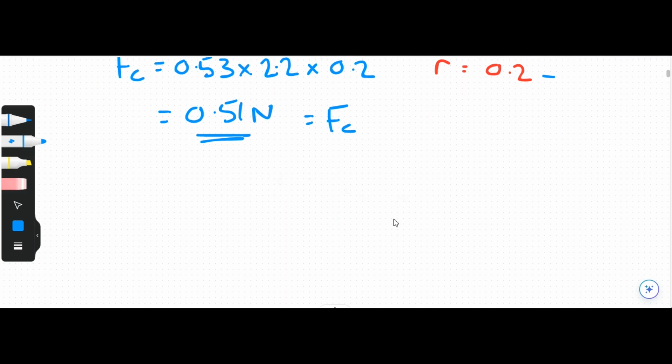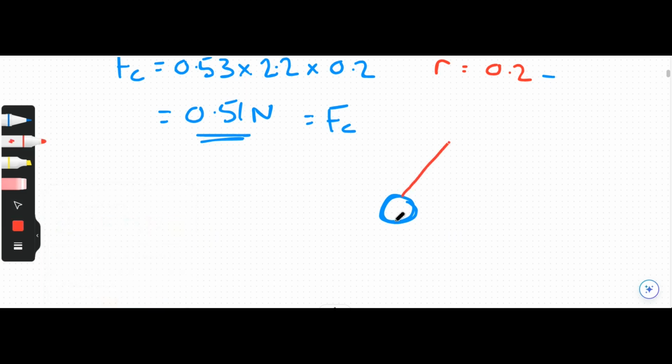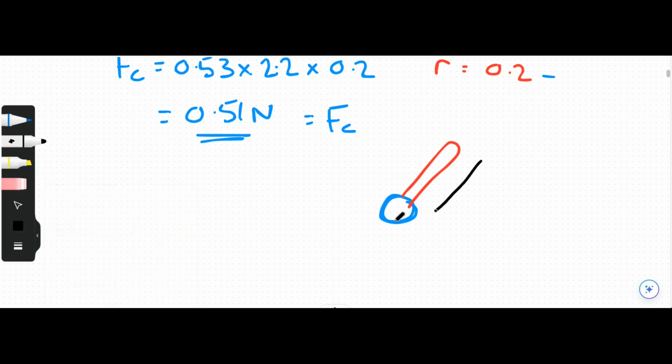And what that means is, this is my shaft spinning. And then we've got this little pin on here, look. All that means is, we've got a centripetal force. There's a force going that way. Okay? That's the centripetal force.